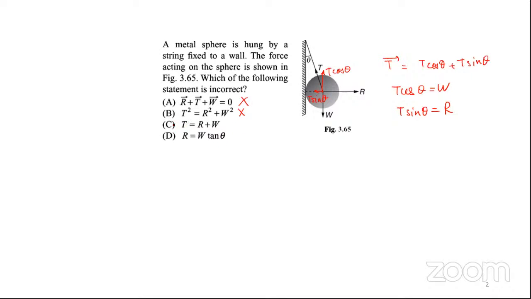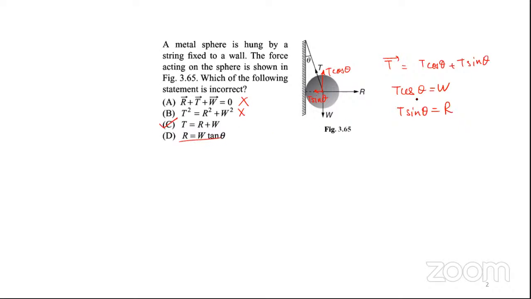All right. And then C is clearly the wrong equation because whether these magnitudes are equal or not, we cannot say. So this will be the right answer.